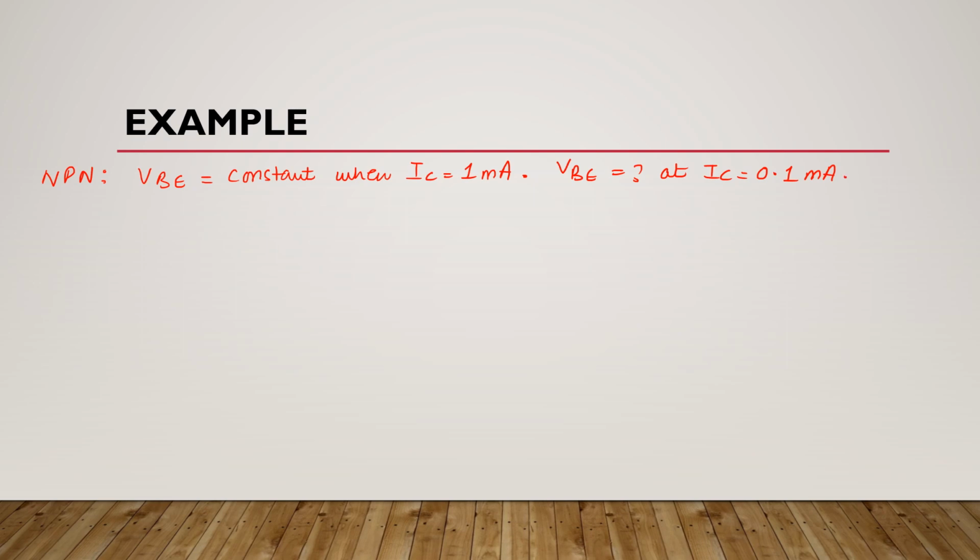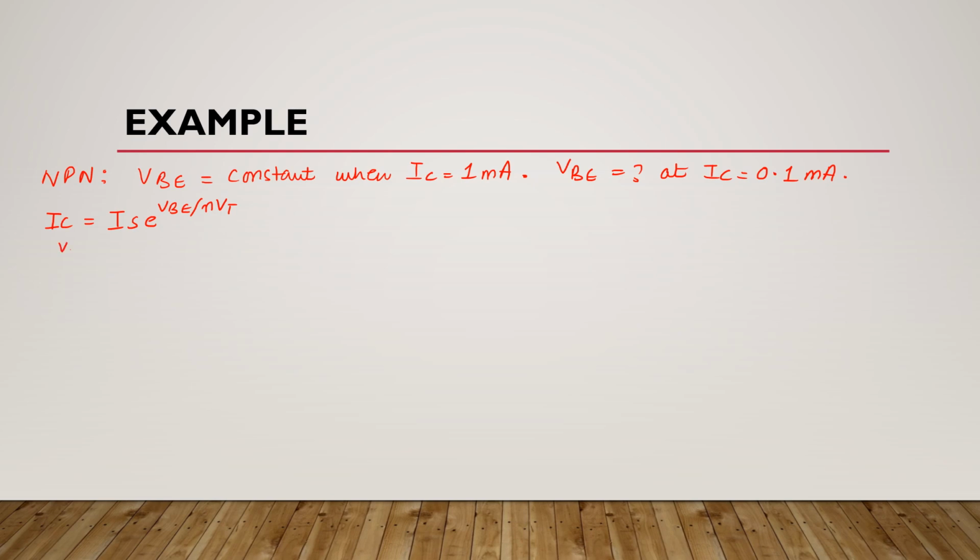Okay. For this, we will use our second equation that we have studied in our previous lecture, which is IC is equal to IS e raised to the power VBE divided by NVT. We are taking VBE here because this transistor is NPN. Now we know that VBE is constant.